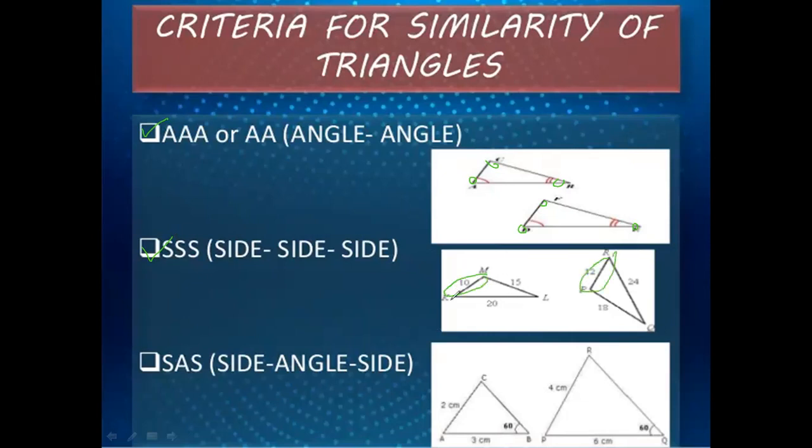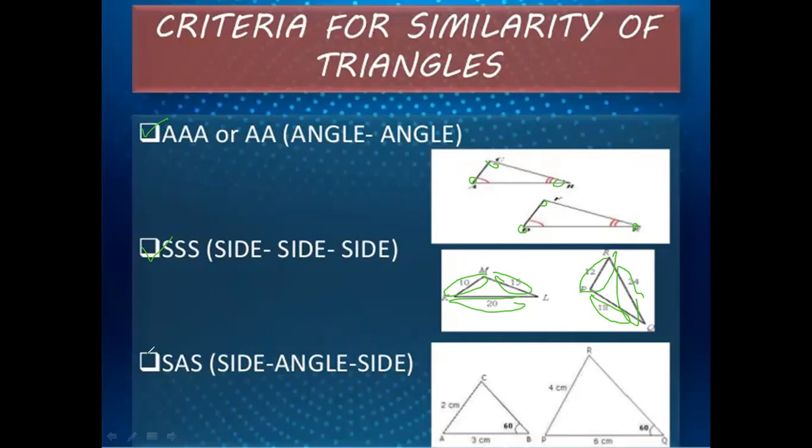The longer side is proportional to the longer side also. And we say that the third side is proportional to the third side of the other triangle. So that means if they are proportional to each other, then we can say that they are similar triangles.